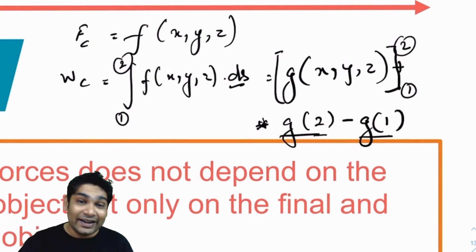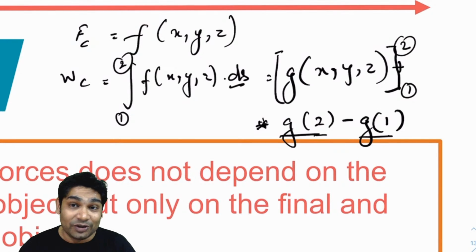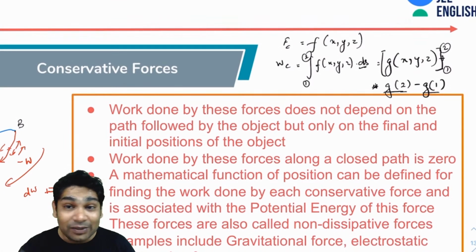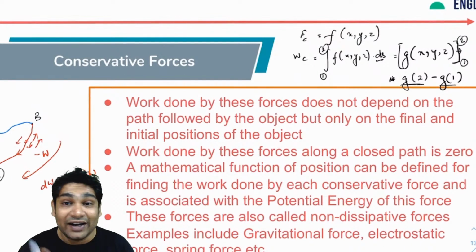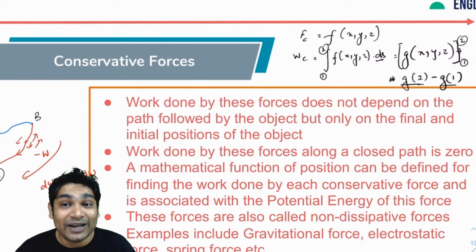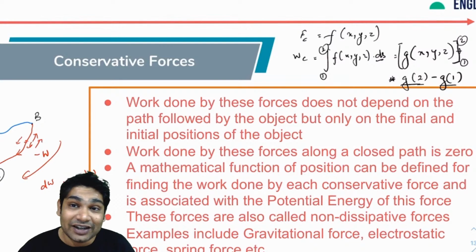This is what I mean when I'm saying that a mathematical function of position can be defined for finding the work by each conservative force, and this function is what we eventually call potential energy.